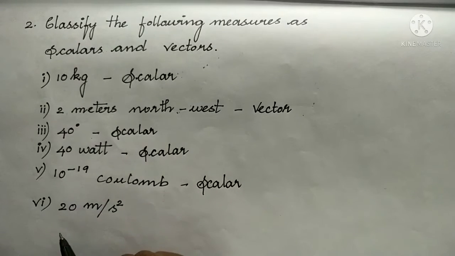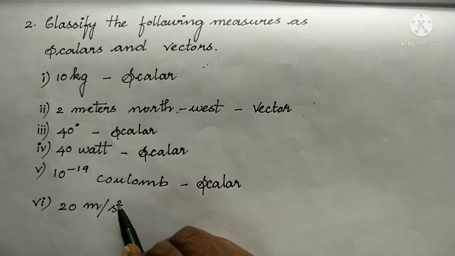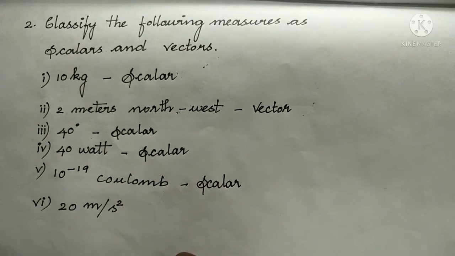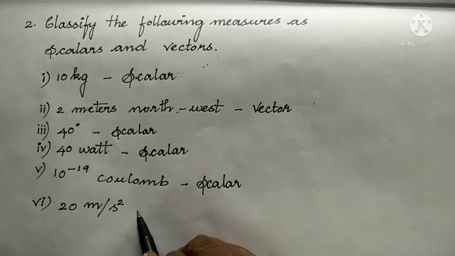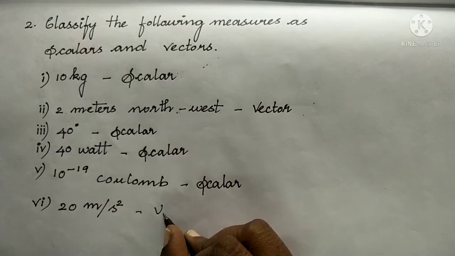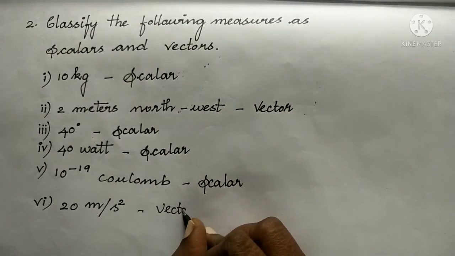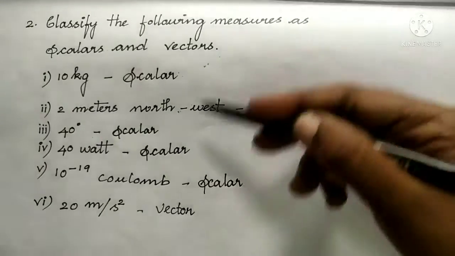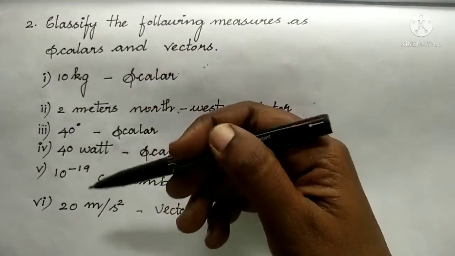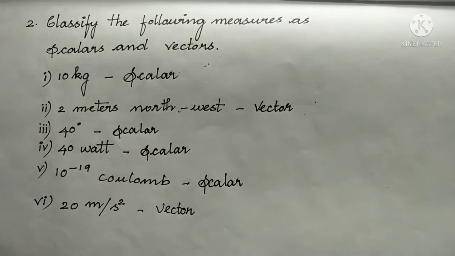Next, sixth question, 20 meter per second square. Meter per second square is nothing but acceleration. Acceleration involves both magnitude and direction. So 20 meter per second square will be vector. So this is how you have to classify the given measures as scalars and vectors.